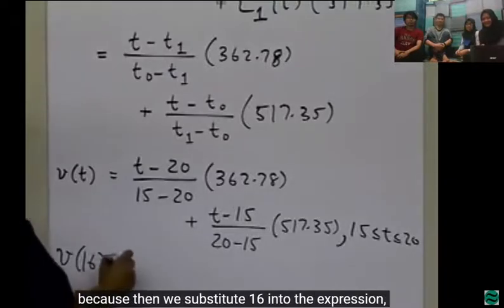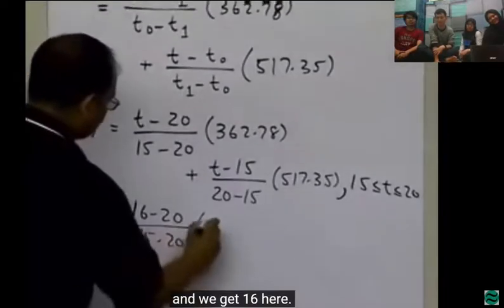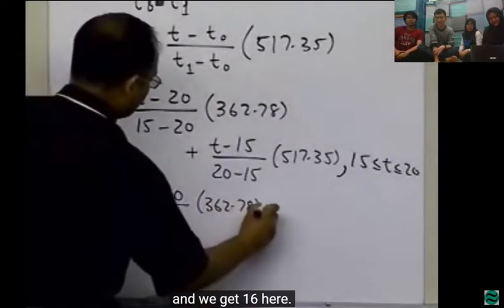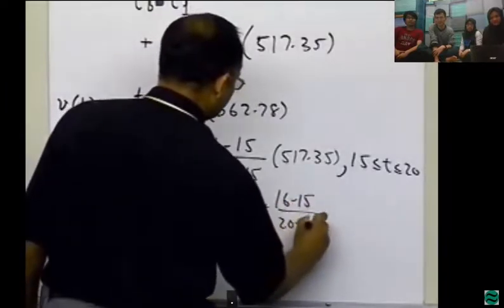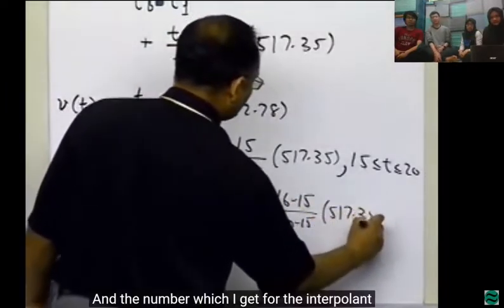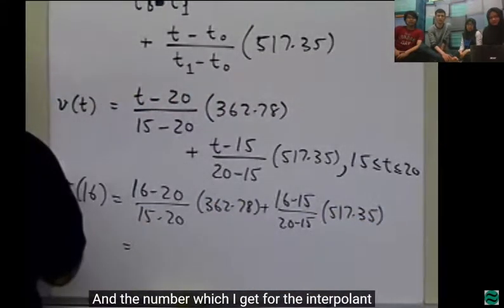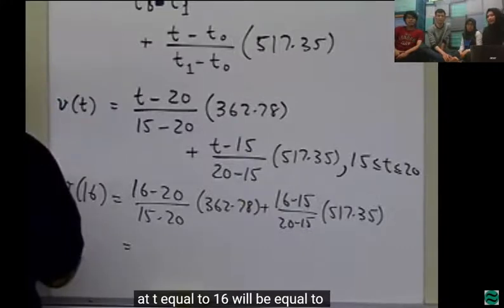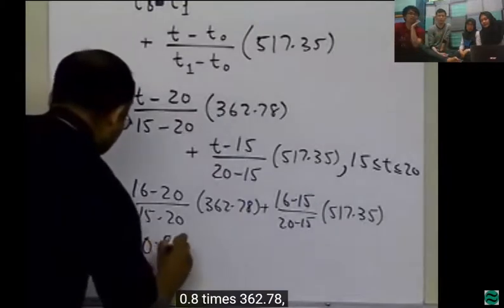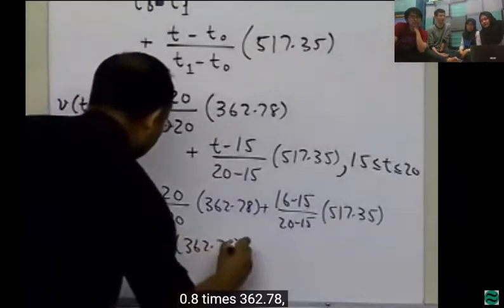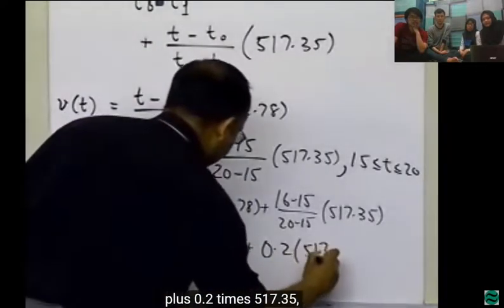We can directly substitute 16 into the expression, and the number which I get for the interpolant at t equals 16 will be equal to 0.8 times 362.78 plus 0.2 times 517.35.